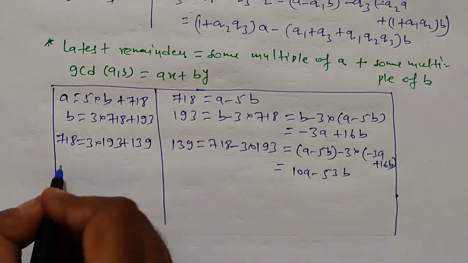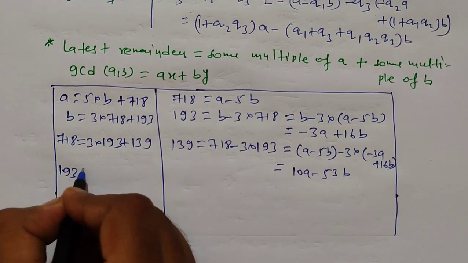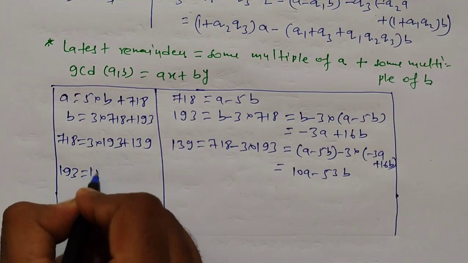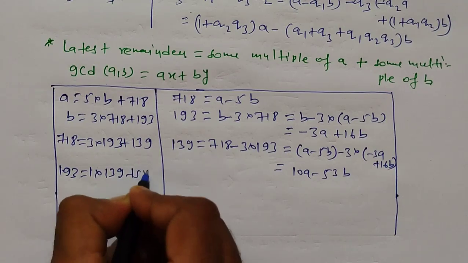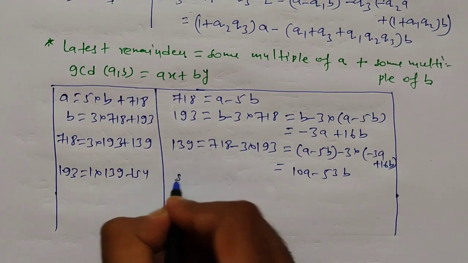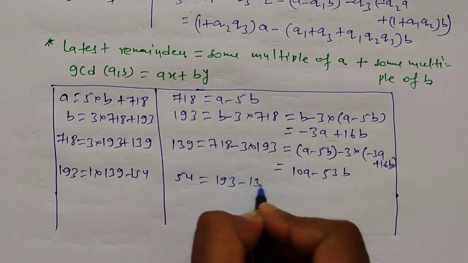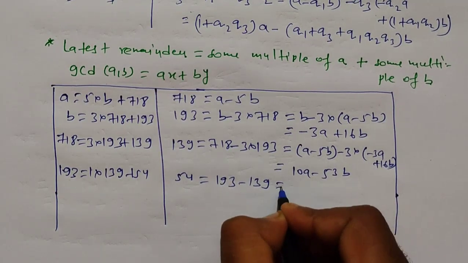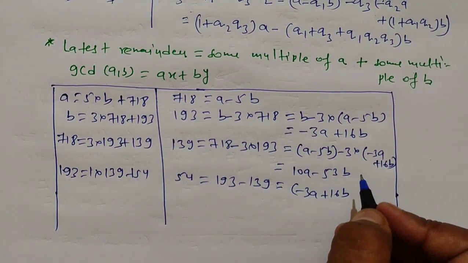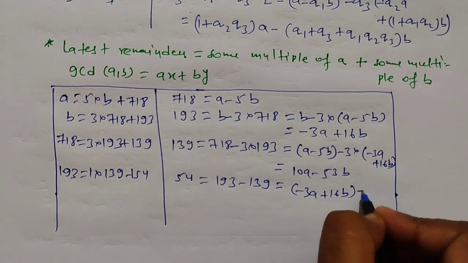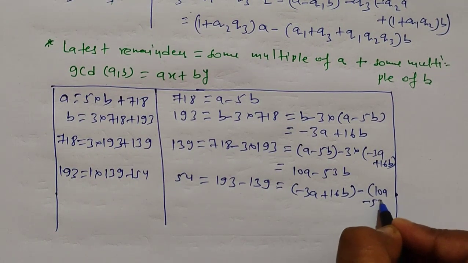Now for 193 we can write this as 1 into 139 plus 54, and here 54 is equal to 193 minus 139, and this is equal to minus 3A plus 16B, also minus of 10A minus 53B.